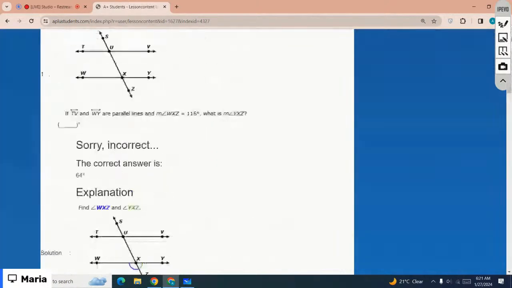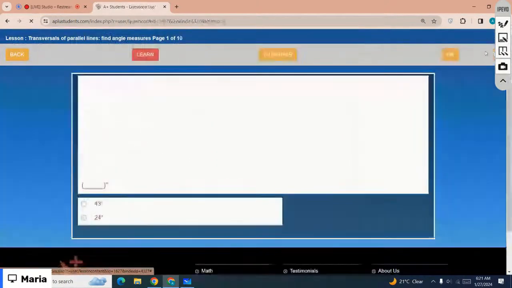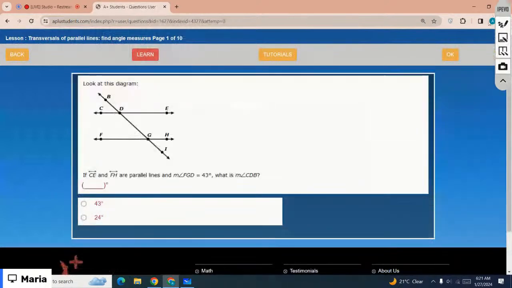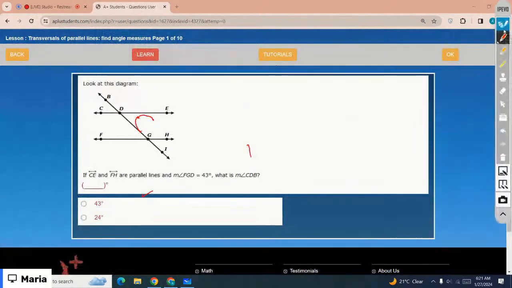Okay, look at the diagram. If CE and FH are parallel lines, measurement of FGD is 43 degrees. What is the measurement of CDB? CDB is also 43 degrees.